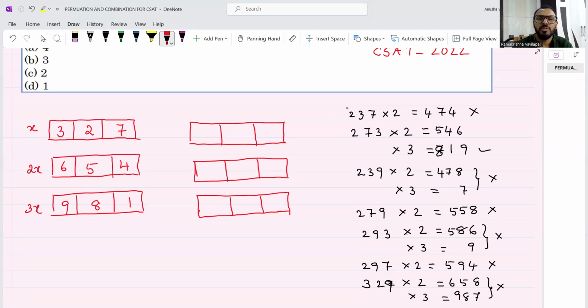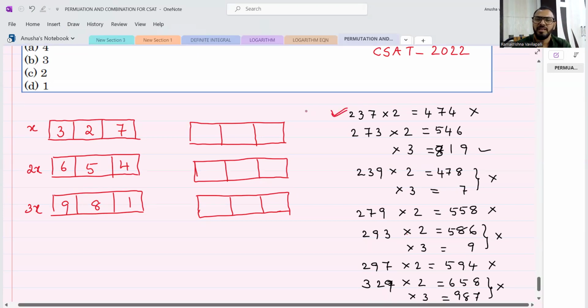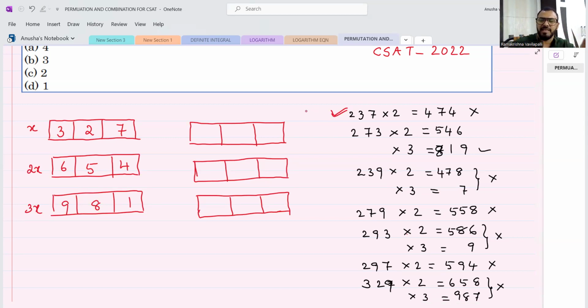So if you take 237, first, according to the increasing order, 237 into 2, we got 474. Here 4 is repeated. That is the given restriction, so this case is eliminated.